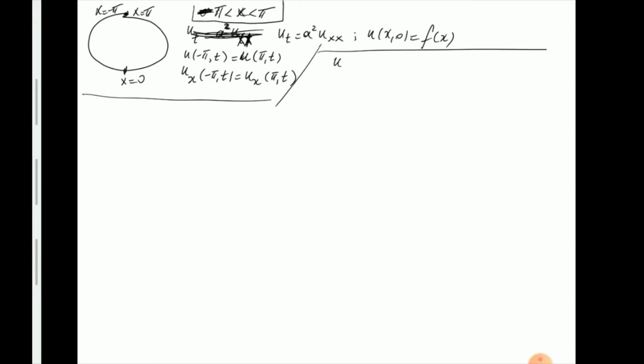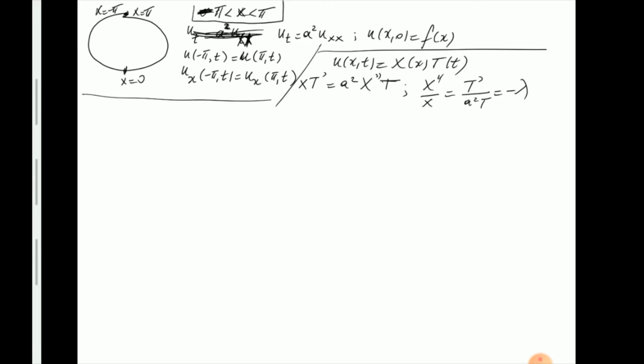So as always, we know the drill already. We take the product form for the u of x,t, plug it into the PDE, so we get big X times T prime equals a squared X double prime big T, and then we separate and we have X double prime over X equals T prime over a squared T, and then we introduce the separation constant lambda or minus lambda.